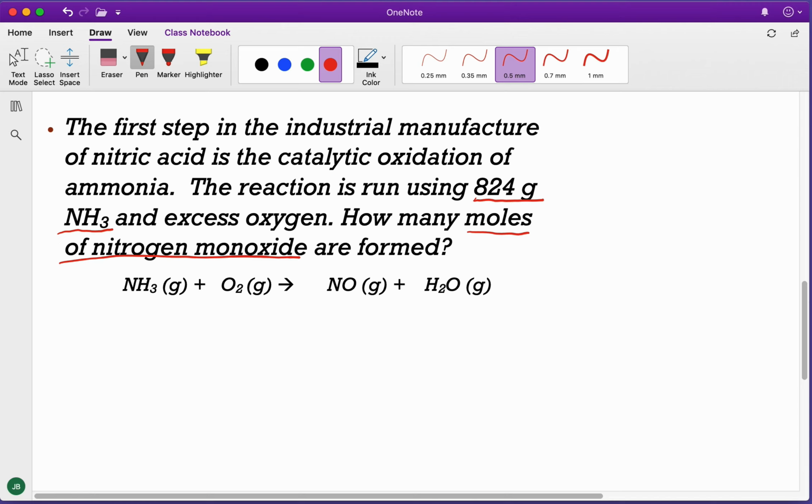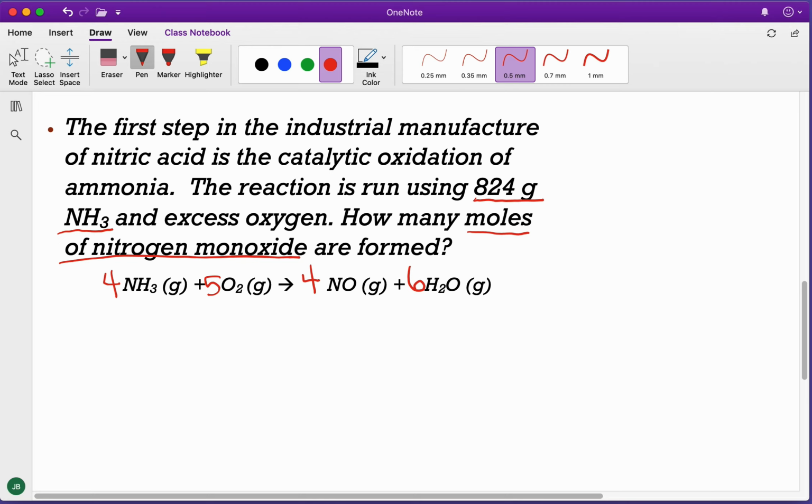Now, this reaction is not balanced, so it does need to be balanced. And when you do all of that fabulous work, making a reactant and product chart, T-table, you will find that your coefficients should be a 4, 5, 4, and 6.